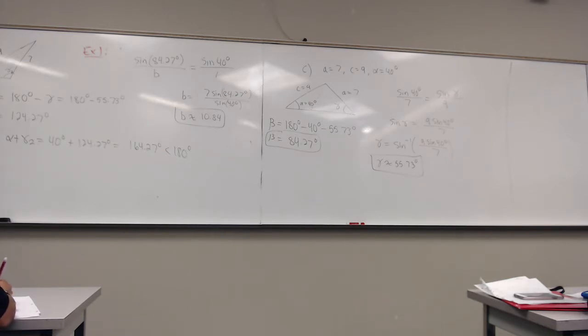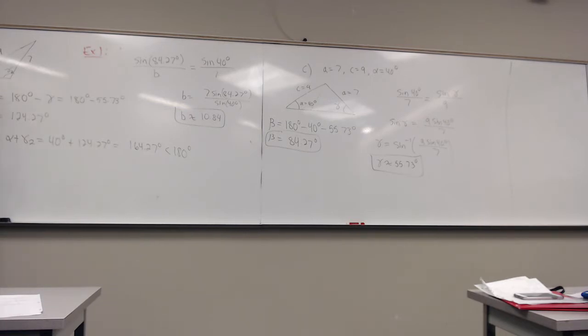So everybody okay so far? We found our first triangle. If there's a second one, gamma 2 better be 180 minus the gamma from the first solution, which is 124.27. As long as that adds with the first given angle to be less than 180, there will be a second triangle that works.